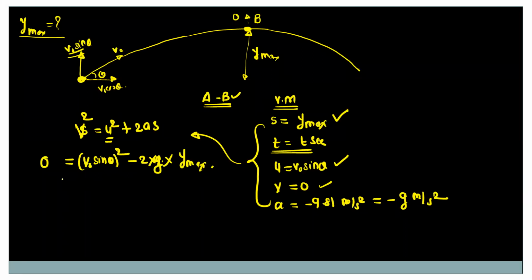So from this equation, we get v naught square sine square theta equal to 2g into y max.